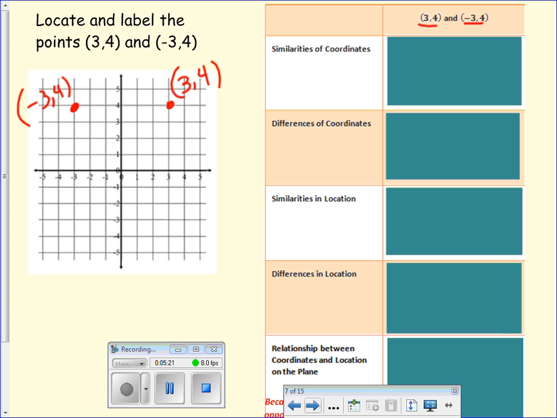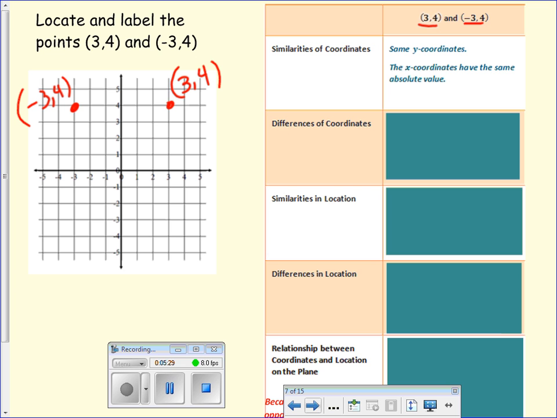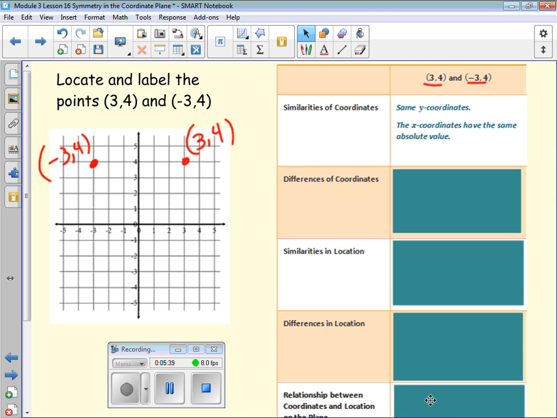What else is the same? Exactly, they have the same y coordinates, and the x coordinates have the same absolute value.